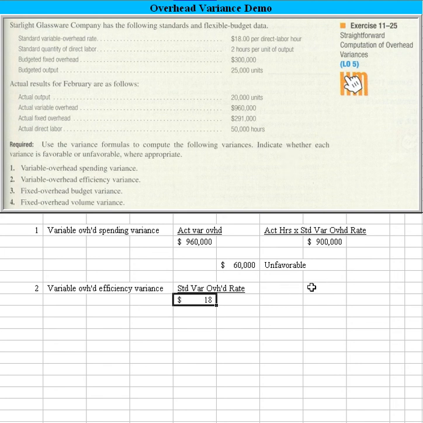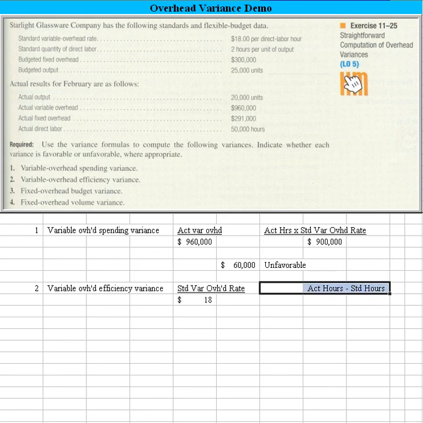And then over here, let's put the actual hours less the standard hours. What we're trying to compute is the variance in hours.